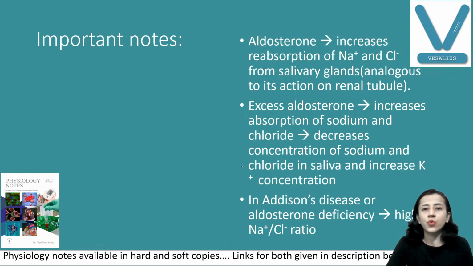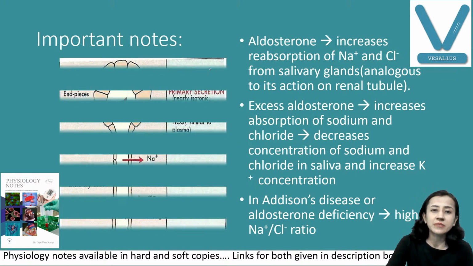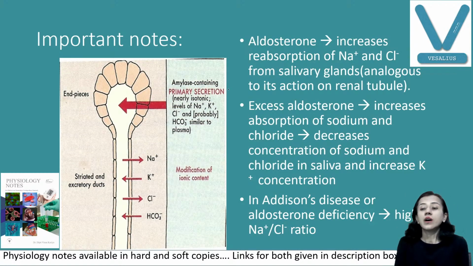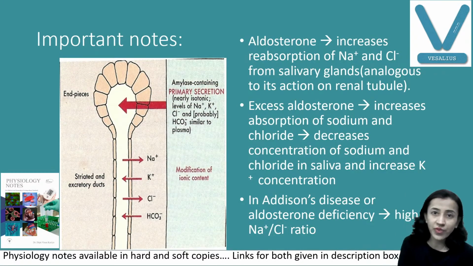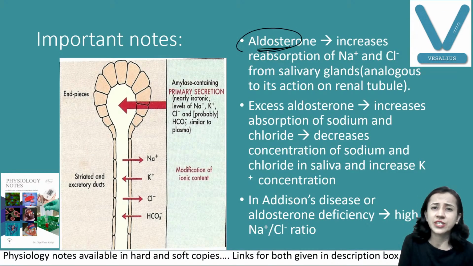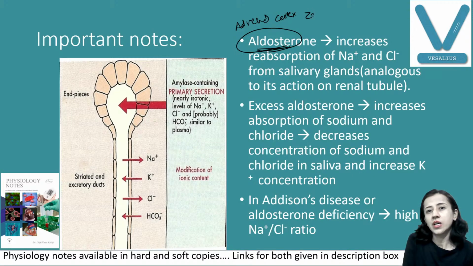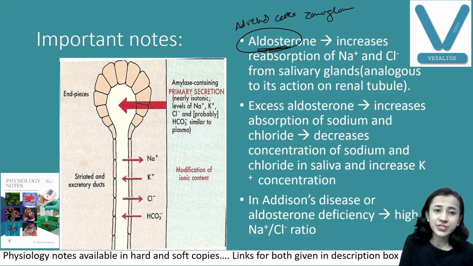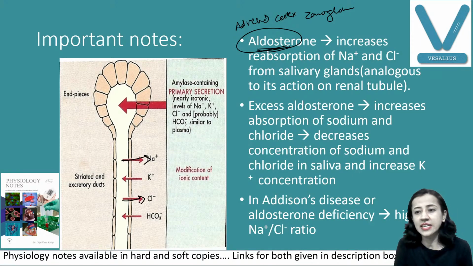Fine. Now, the important applied aspect. As I told you, always include the applied aspect in your answer. When aldosterone secretion increases, aldosterone is secreted by the adrenal cortex, zona glomerulosa. Aldosterone increases sodium and chloride reabsorption and increases potassium secretion.